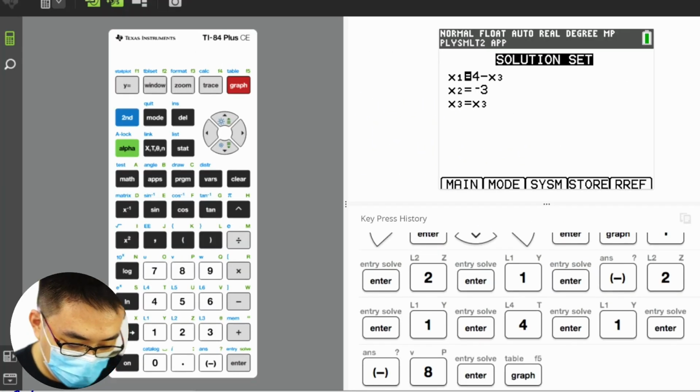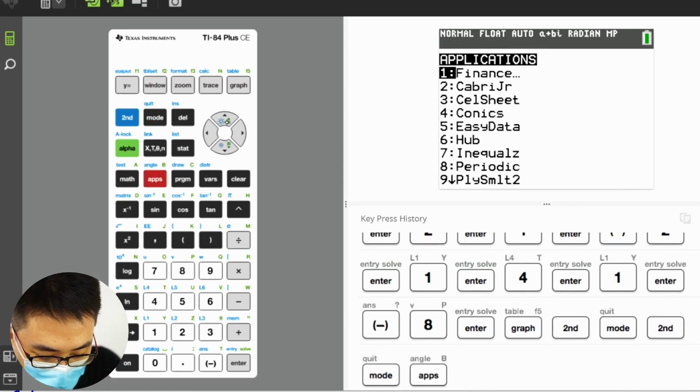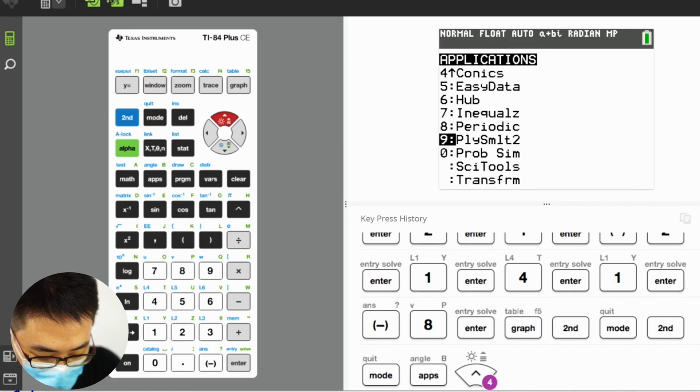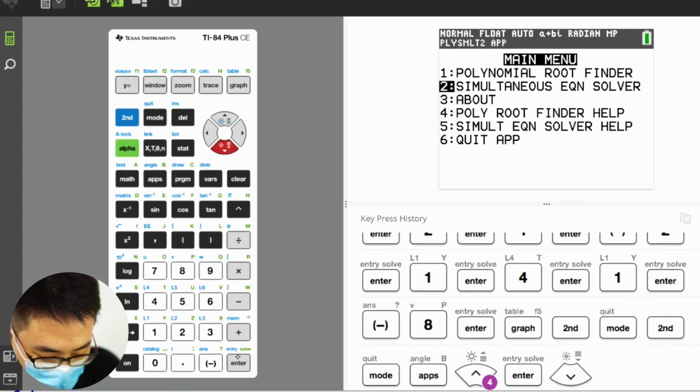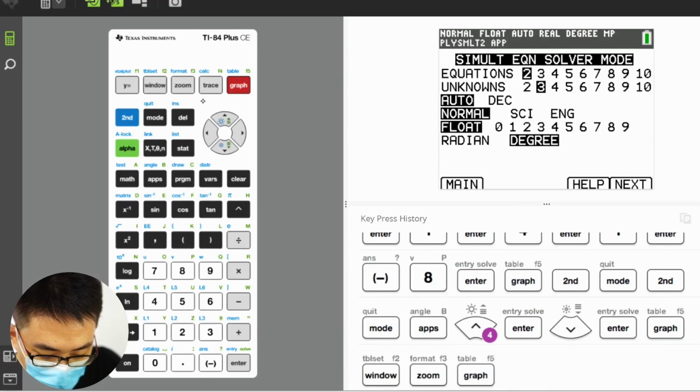Here, just use the GC. Go to Apps, Simultaneous Equation, and solve this. Clear it first.